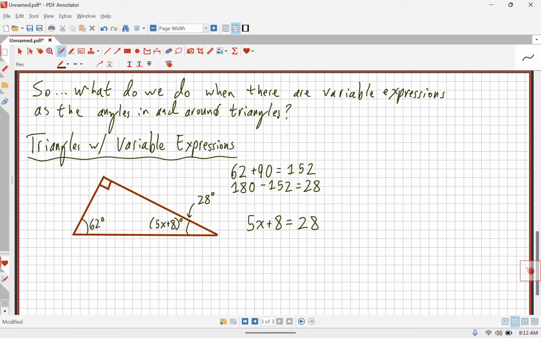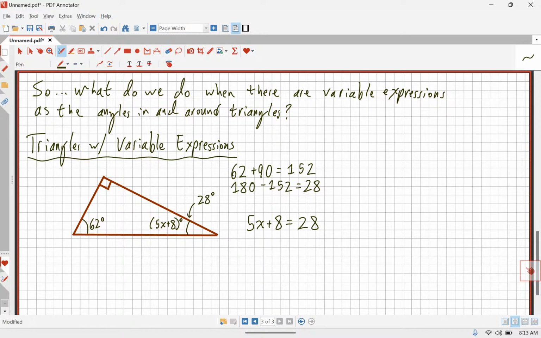Let's write that down. And remember, Valentina, what's going on between the 5 and the x? Is that a secret plus, minus, multiply, or divide? And what's the opposite of that? So let's divide both sides by 5, and you'll be in business, okay? Perfect. And then once you get that, that's your answer.